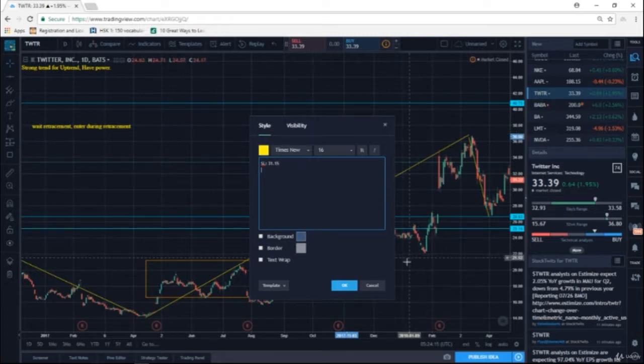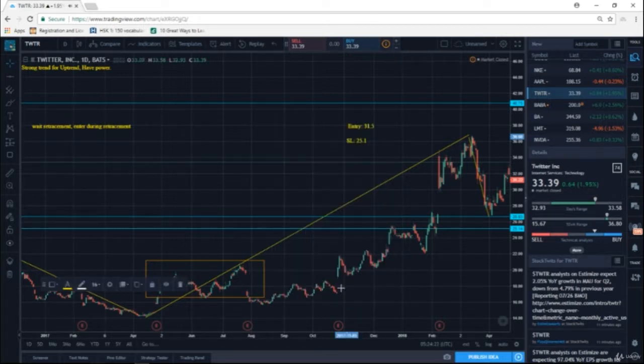Okay, sorry, 25.15, 31.5. So you are considering getting into the trade at 31.5, and you are willing to stop out at the moment you think you are wrong and want to get out of the trade.